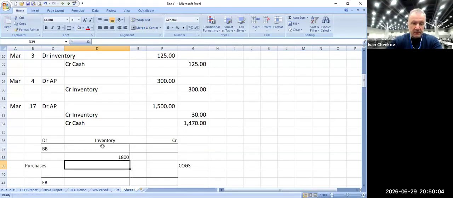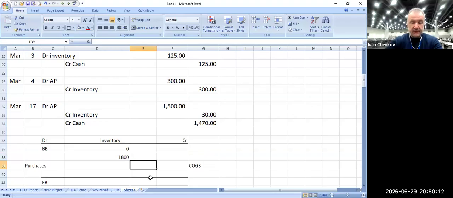Let's pretend our beginning balance is 0. Then we return 300 inventory. And then we reduce the inventory with another 30 since we used that discount.